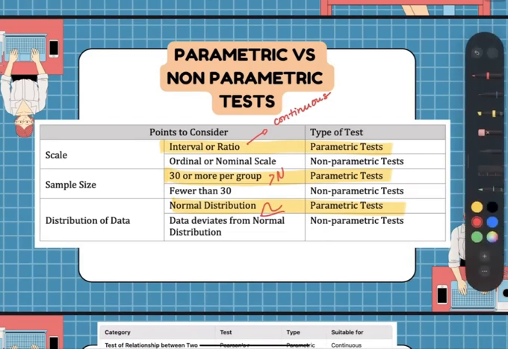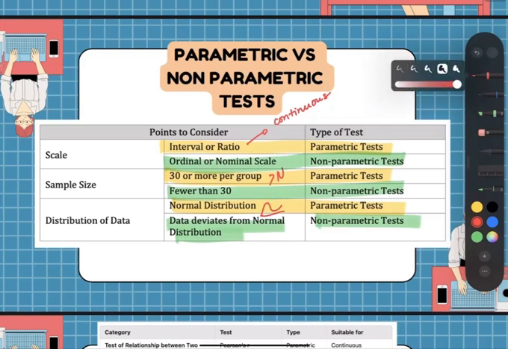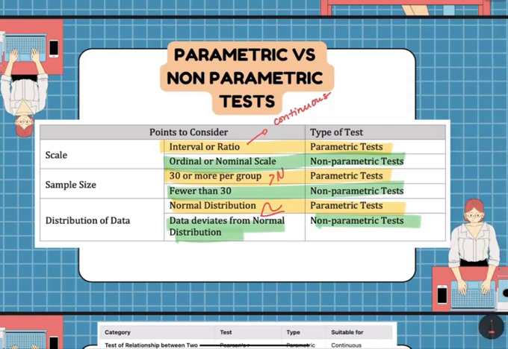However, if your data is the opposite, so let's say if your data is discrete, okay, low sample size, and not normally distributed, then you do your non-parametric tests.